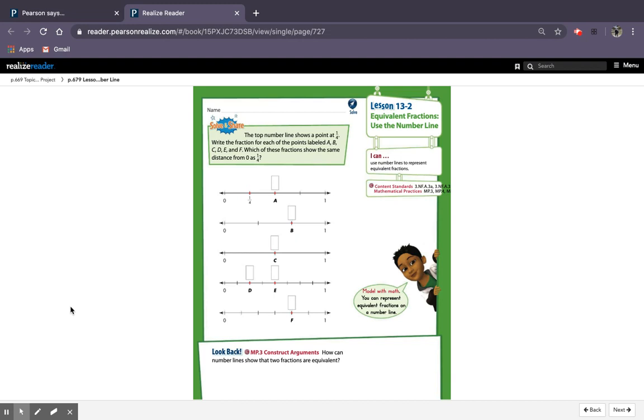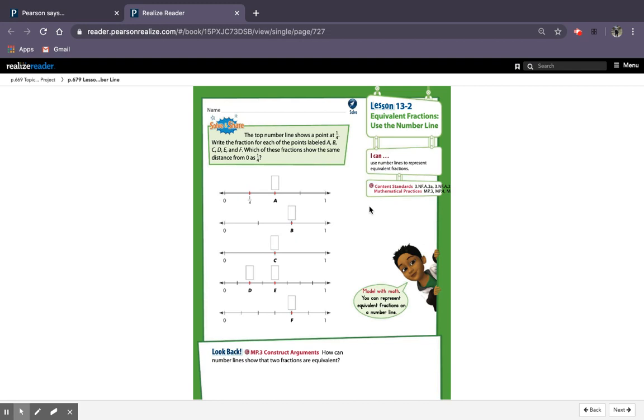So today, and especially in this solve and share, we're going to be labeling the missing fractions and then see, do any of them line up with another number line? So are any of them in the same spot? If you were to draw a line down, would they all hit on the same points? And I'll show that line and I'll draw it as I'm going over the solve and share.